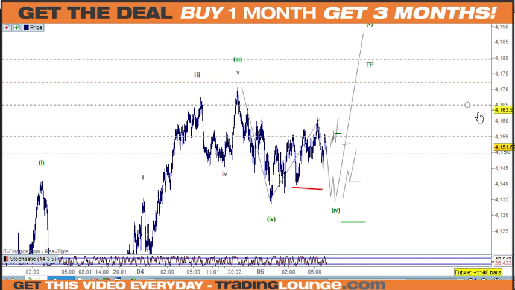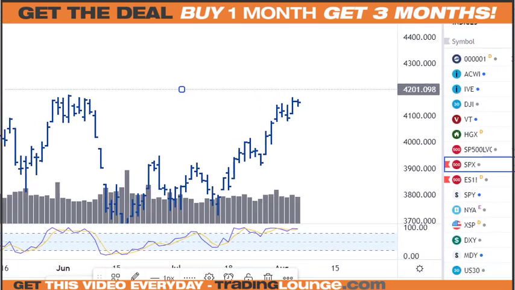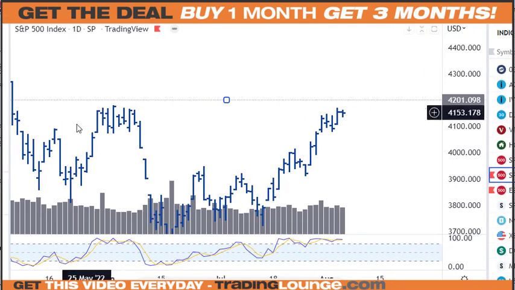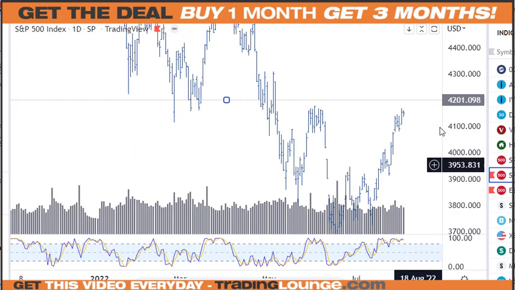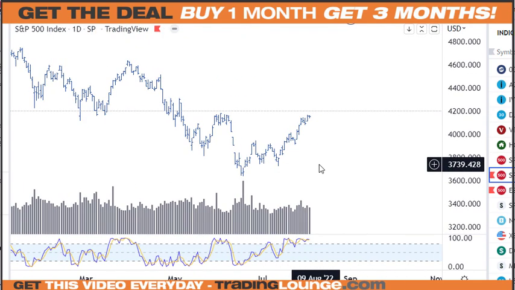So 41.65, 41.7. This group 2 here, this rejection here is basically from this over here. This is all of that here doing that. So that's where that's coming from, market memory stuff. So yeah, that's all good.